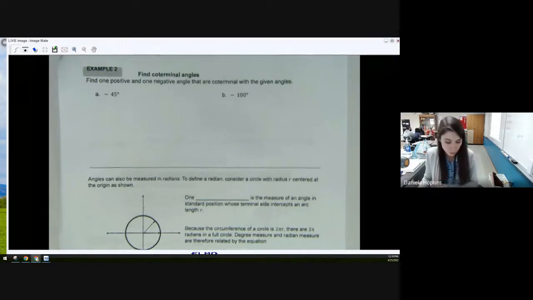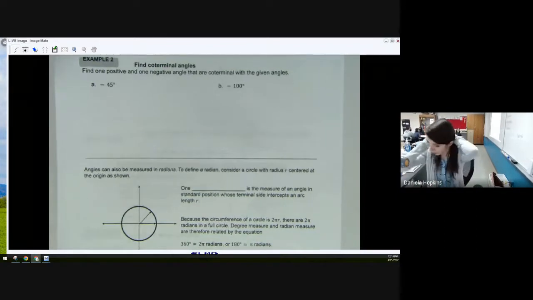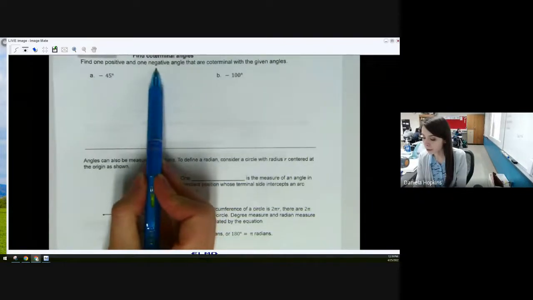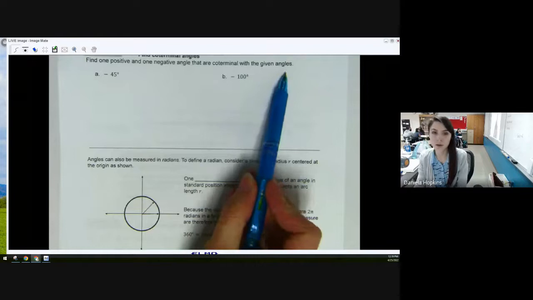So actually on that initial drawing that I made, we saw those. When I went all the way around, first I started at 0 degrees and then all the way around was 360 degrees. So technically 0 and 360 are coterminal angles because they end in the same spot, even though you did multiple rotations. So we can find these coterminal angles. And what we're going to do is find one positive and one negative angle that are coterminal with the given angles.